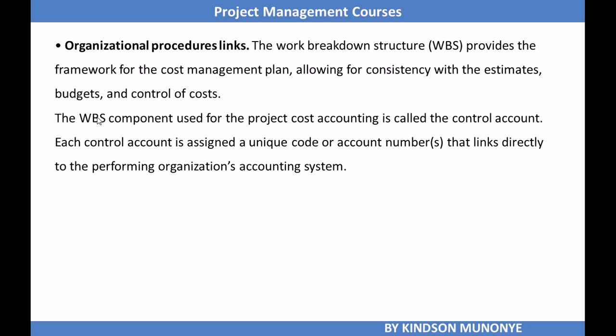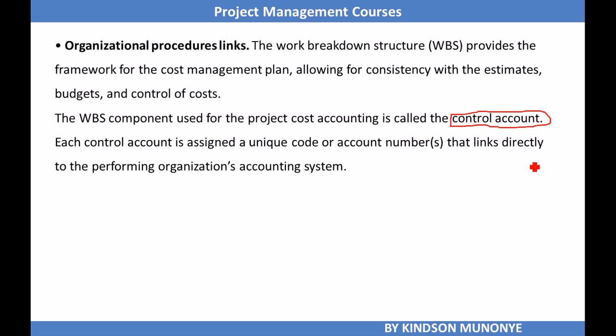The WBS component used for project cost accounting is called control account. Yes, take note of this point. The WBS component that is placed in the WBS to help for cost accounting is control account. So each of the work packages is assigned a control account.